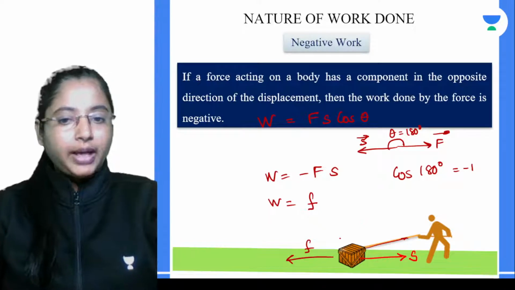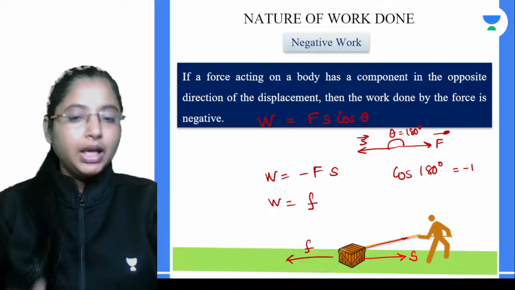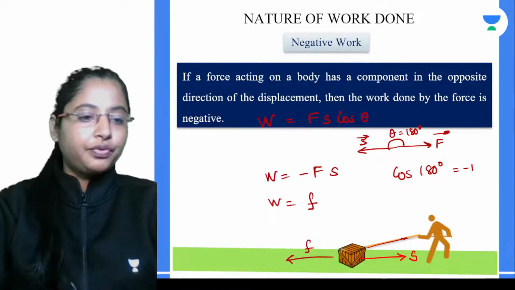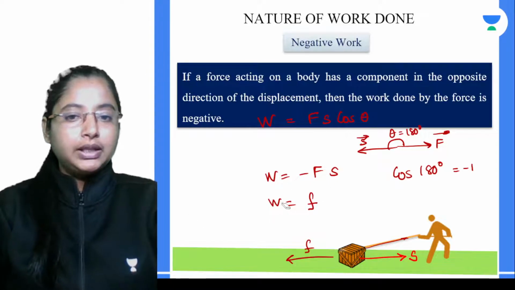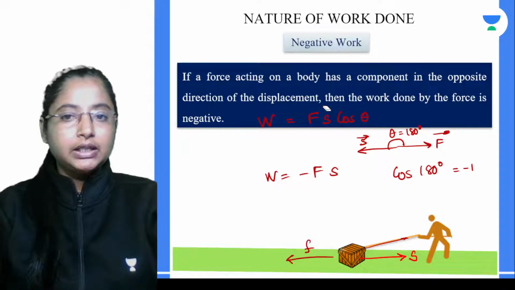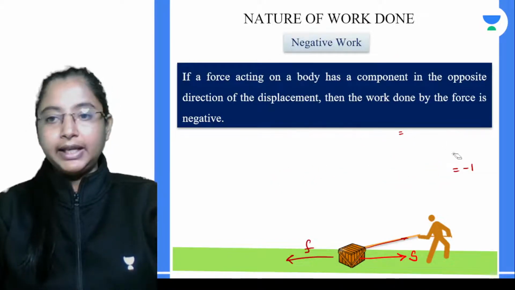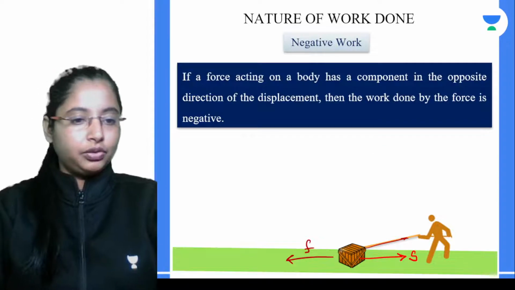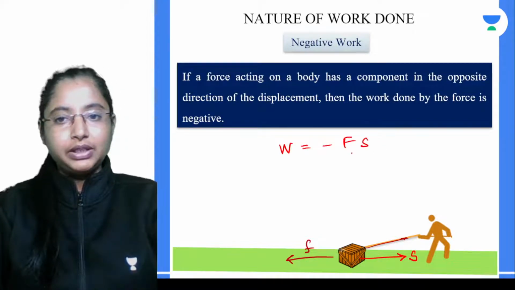So when an object is sliding over a surface, the work done by the force of friction on displacing the object is negative. Why? The angle between the force of friction and S is 180 degrees, so work done will be a negative quantity. This is an example of negative work. So this is minus Fs cos theta.